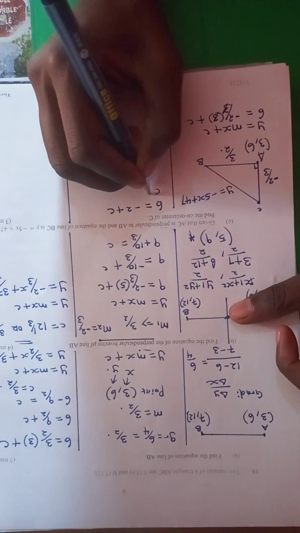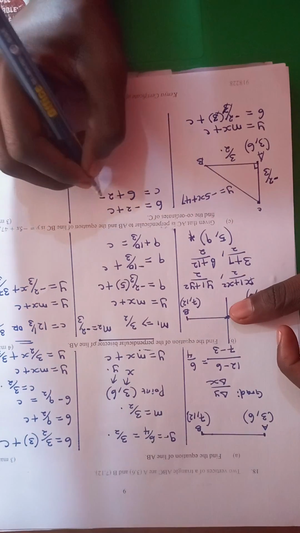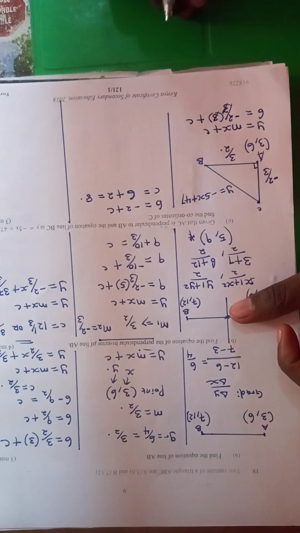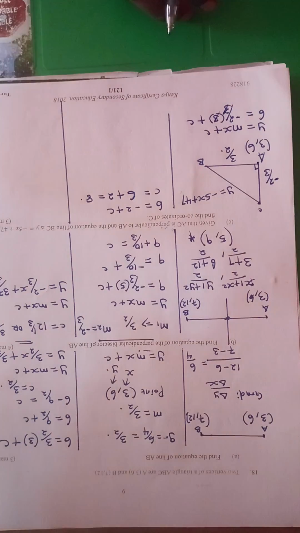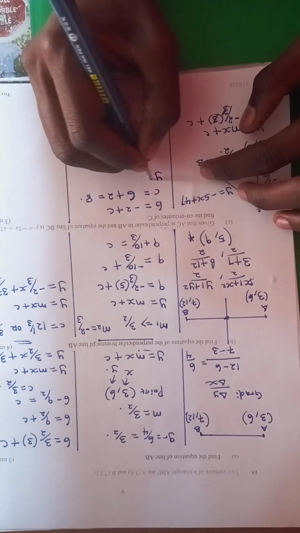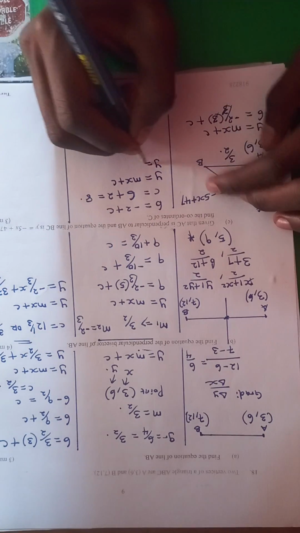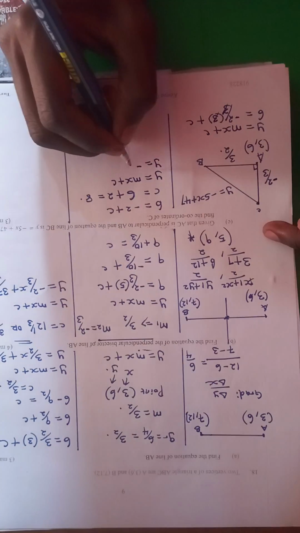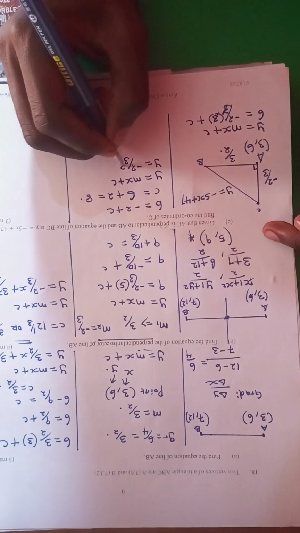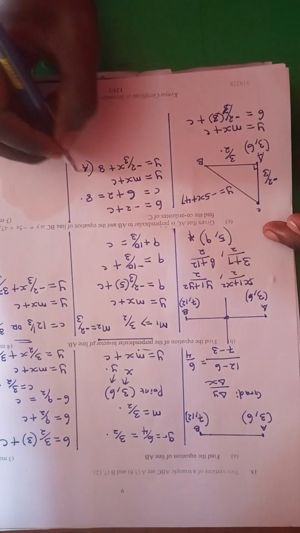So we take this negative to this side to be 6 plus 2, which will be equivalent to 8. So c is 8, and the equation will be y equals mx plus c. So we're going to have y equals -2 over 3 x plus 8. This one is now the equation of line AC.